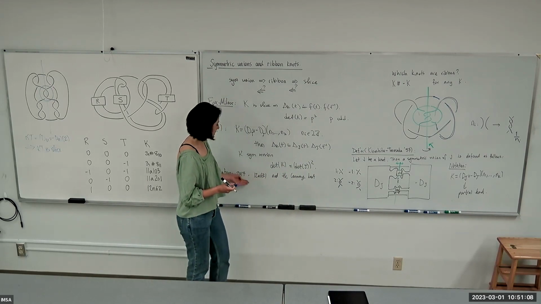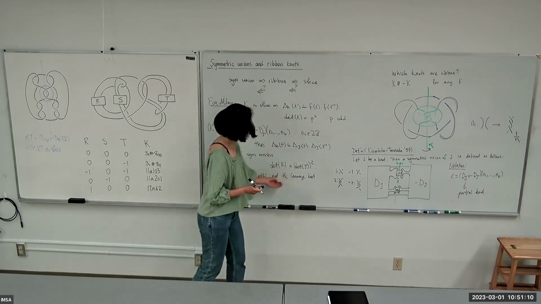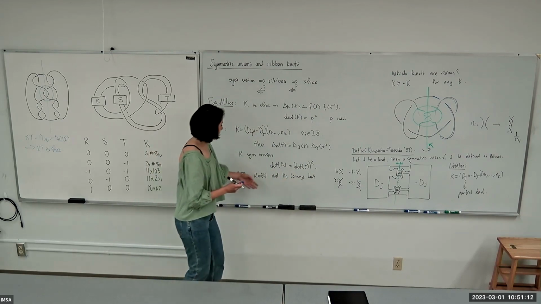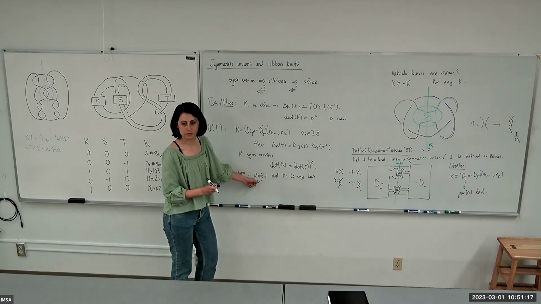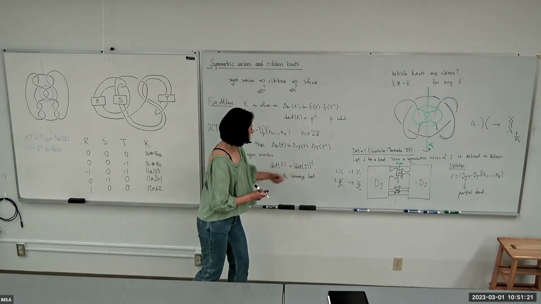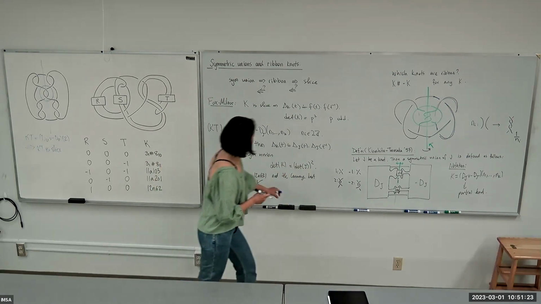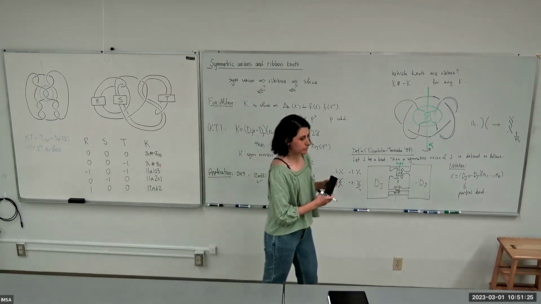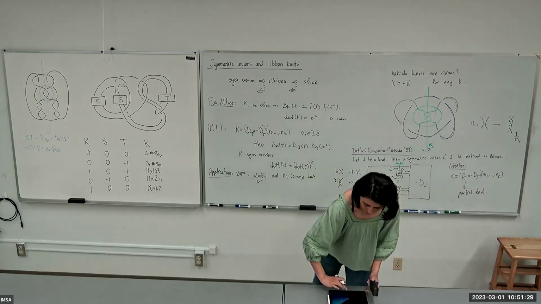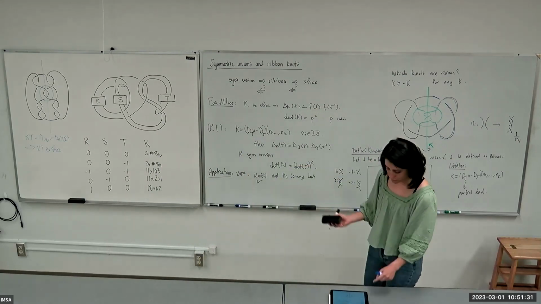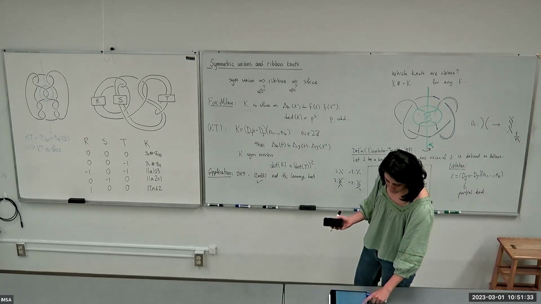We didn't know whether they were slice or not. And Axel Seliger produced a symmetric union diagram for this knot to prove that it is slice. Any questions so far? So here's one application of using this to show sliceness.